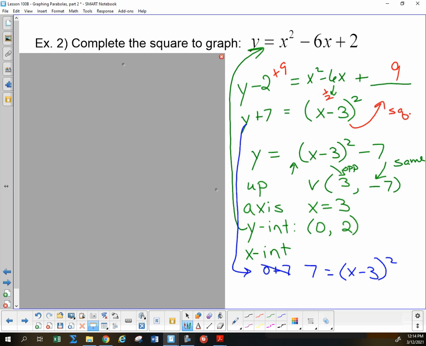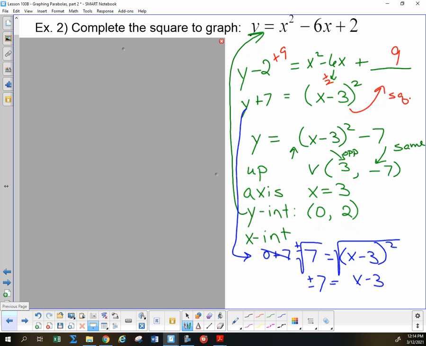Now when I take plus or minus square root so that I get rid of that square on the right, I have x minus 3 is plus or minus root 7. And then if I add the 3 to both sides, I know that my x-intercepts have to be (3 minus root 7, 0) and (3 plus root 7, 0).